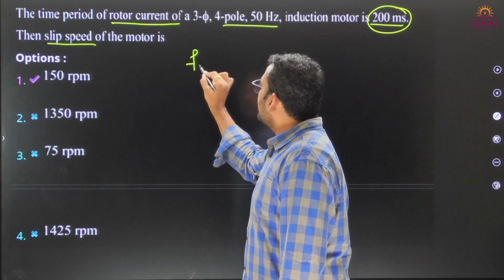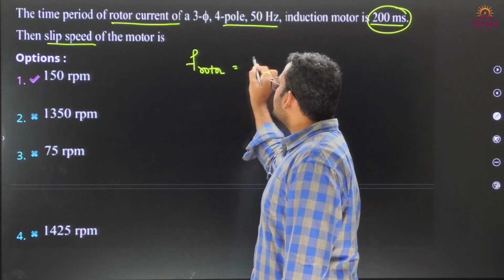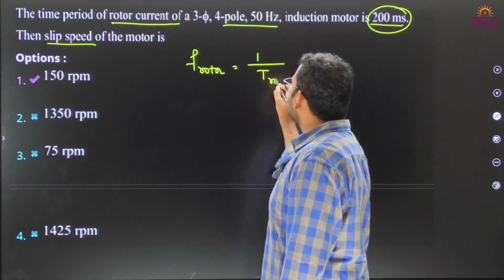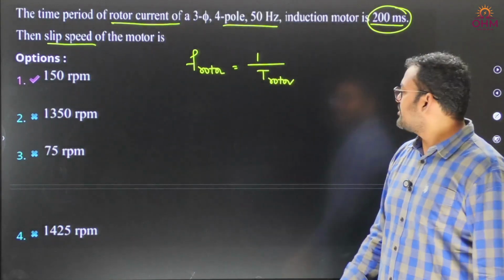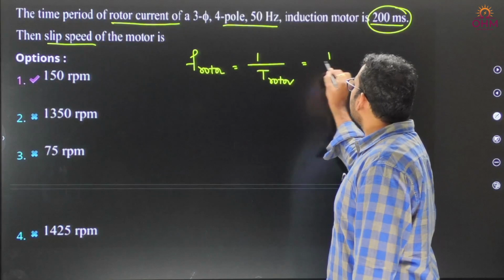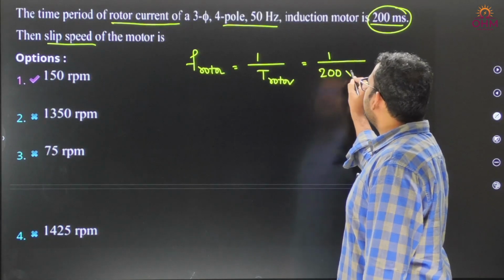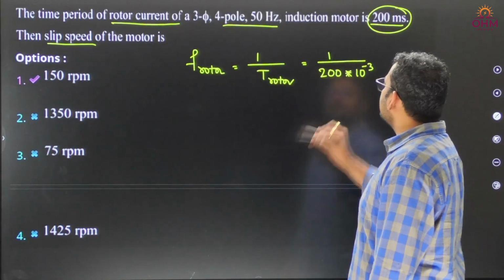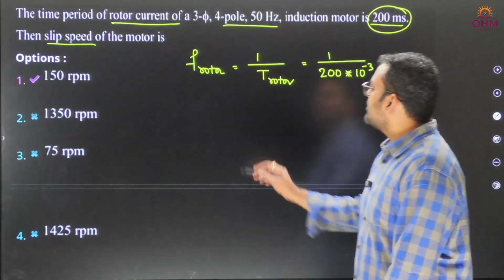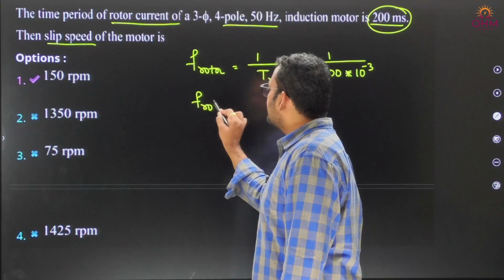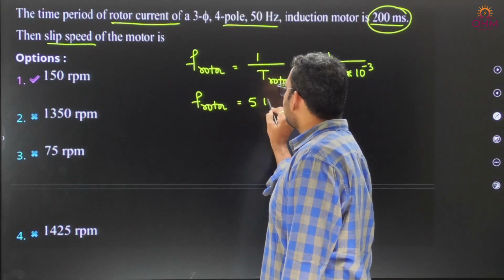Yes. We all know that frequency is equal to 1 by time period. Therefore, rotor frequency is equal to 1 by the time period of the rotor. What is the time period given? 200 milliseconds, that is 200 into 10 power minus 3. That is 1 by 0.2, which is equal to 5. Therefore, rotor frequency is equal to 5 Hz.